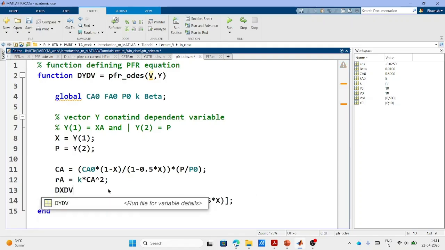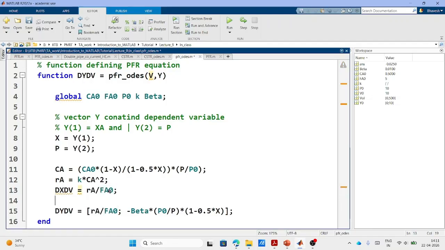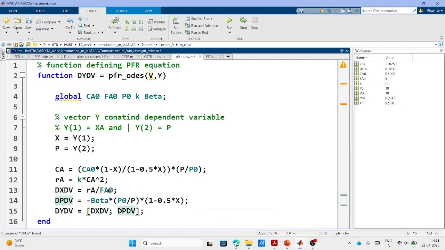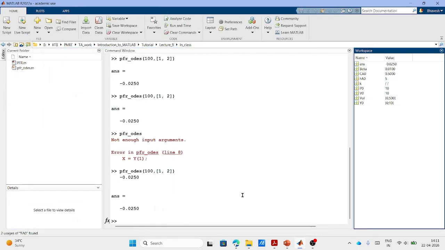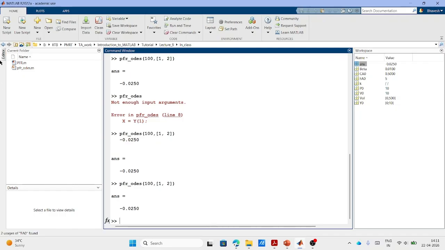dx by dv is equal to the first term, then dp by dv is equal to the second term. dx by dv and dp by dv. Okay, let's see. Nope, still incorrect.